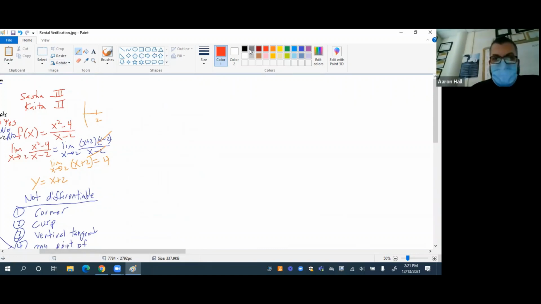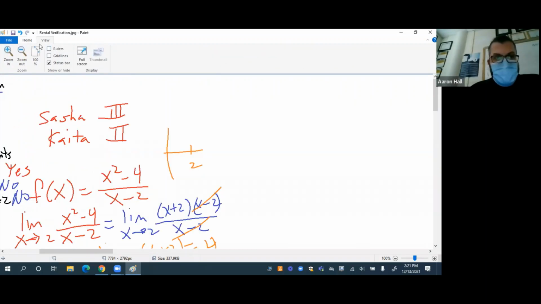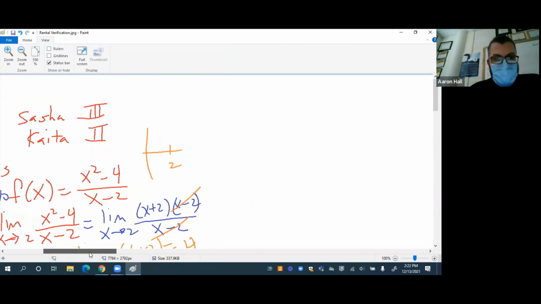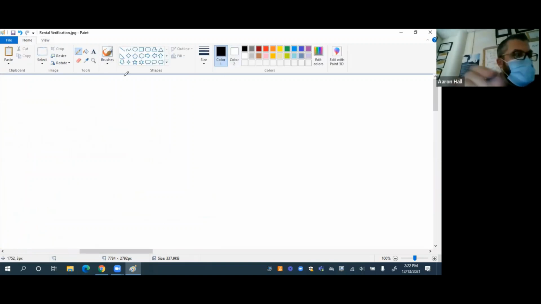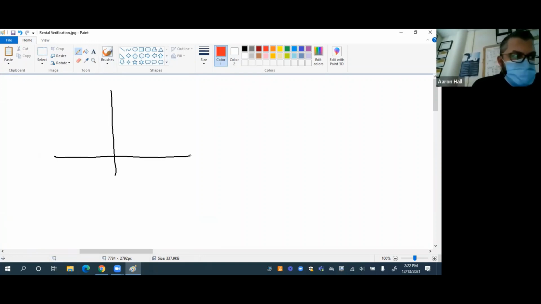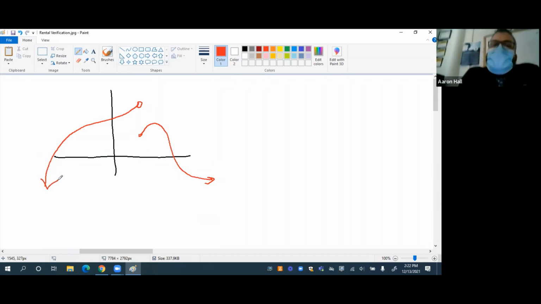Let's do another graph. I'm going to zoom in. Based upon the extreme value theorem, am I guaranteed a max and a min in this case?